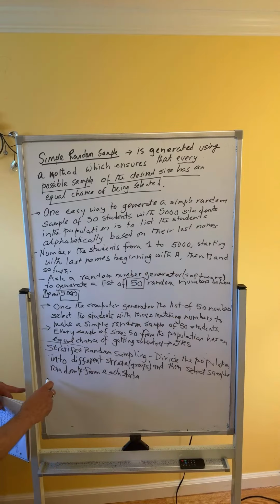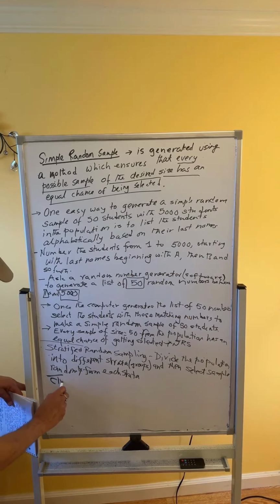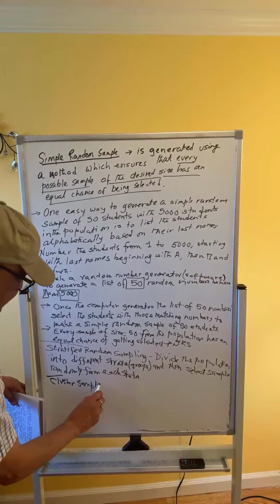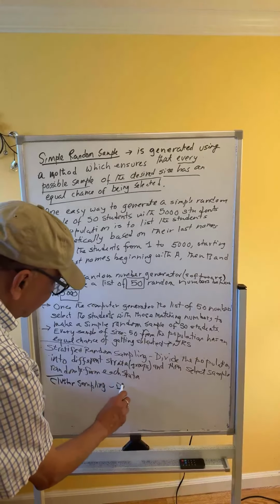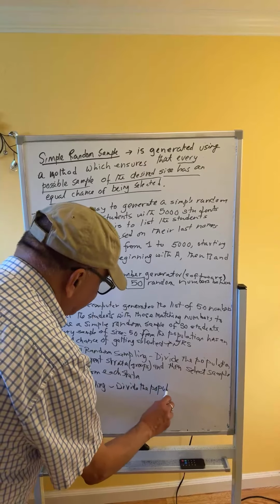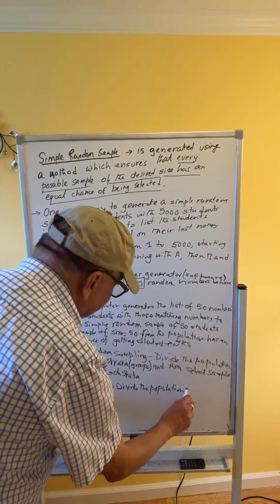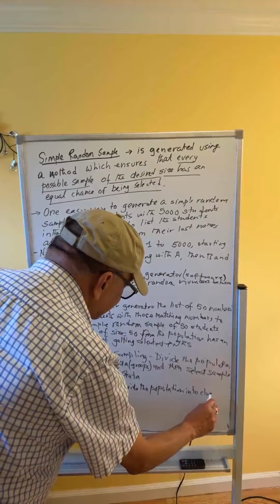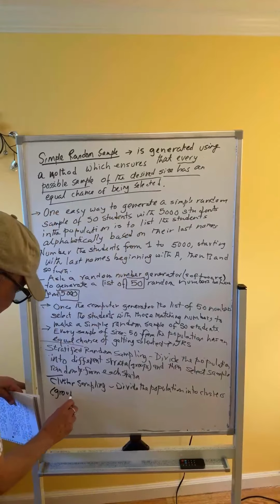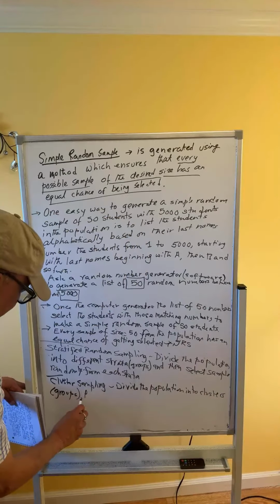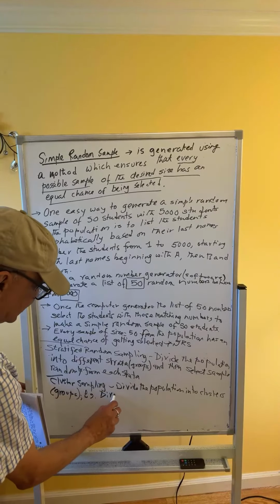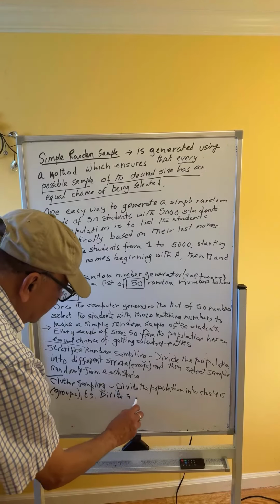The other one is cluster sampling. Cluster sampling is when we divide the population into clusters, which again means groups. For example, divide a city into zip codes.